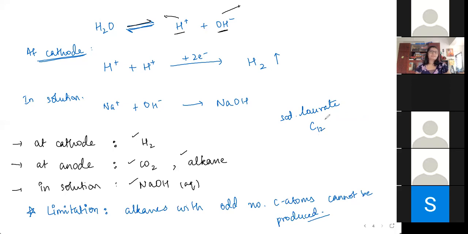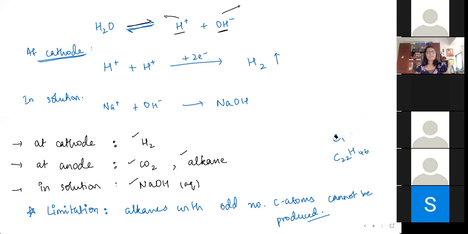So you apply this method with sodium laurate, then you end up getting carbon dioxide again, minus 1. So C11 will join together, and you end up creating an alkane with C22H46. The mechanism is going to be the same with different reactants with a different number of carbon atoms.